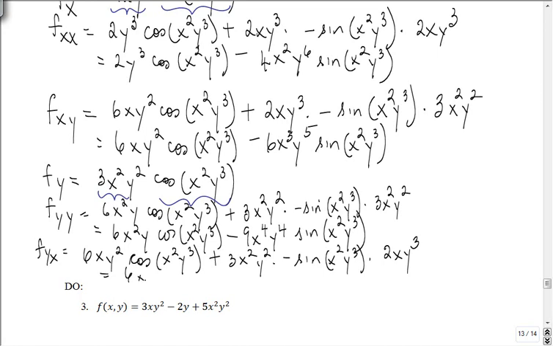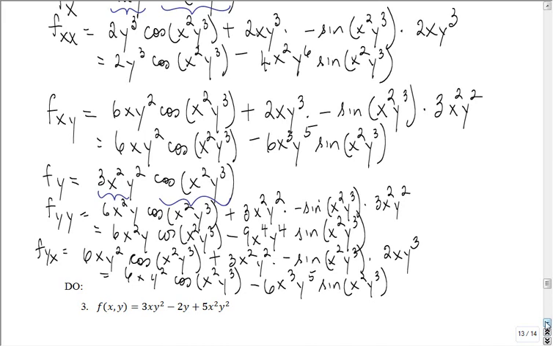So this is 6xy squared cosine x squared y cubed minus 6x cubed y to the 5th sine x squared y cubed. And that's what we got. Okay? Any questions?